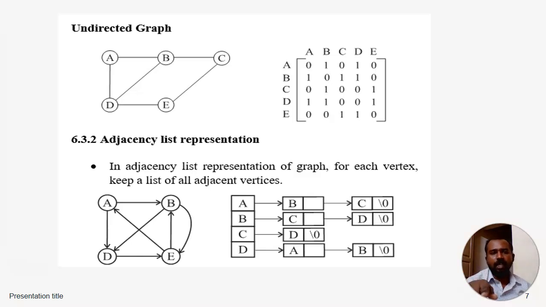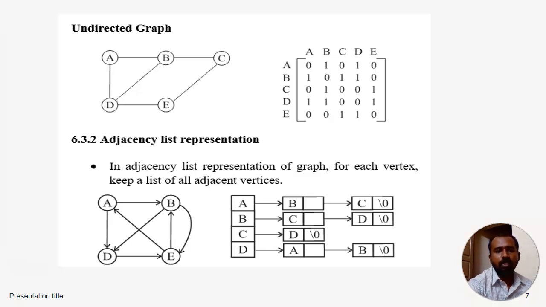Next topic, undirected graph. Undirected graph means we have not put arrow marks on any edges. We have only connected the nodes, vertices and edges, in the graph. This is the matrix for an undirected graph. We also have 5 rows and 5 columns.